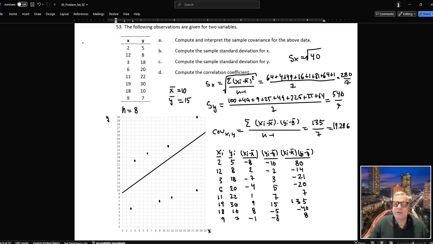Divided by 7, so 546 divided by 7 is 78.